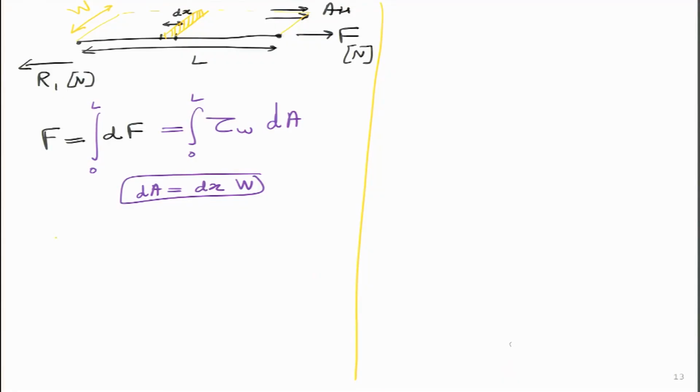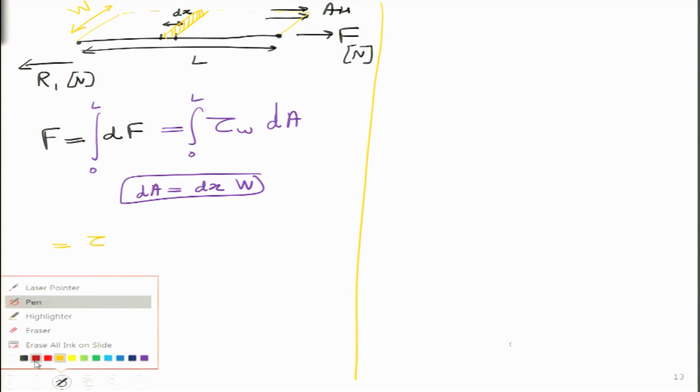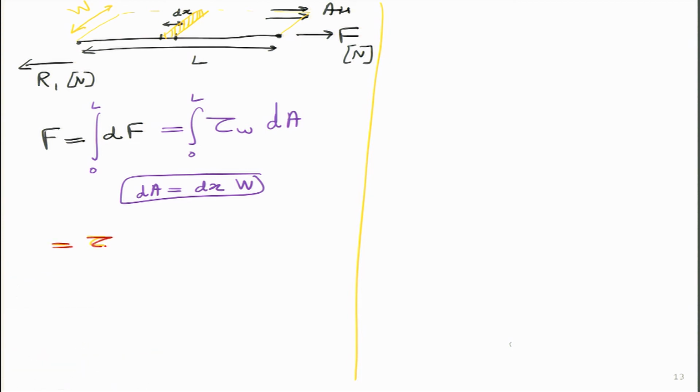So I substitute it over here. What I get is F equals the integral of tau w into capital W, the width, multiplied by dx, integrated from 0 to L. The width is a constant, so it will come outside. So what I will get is something like this.